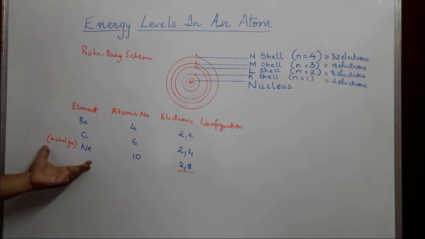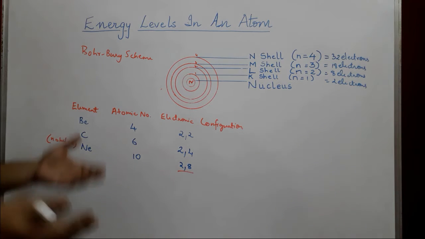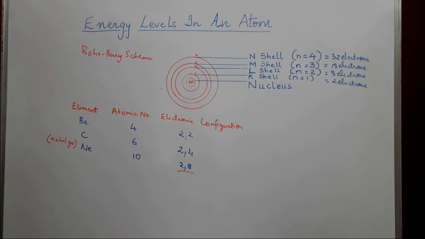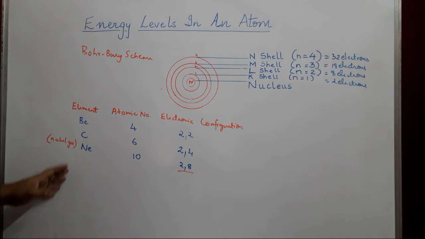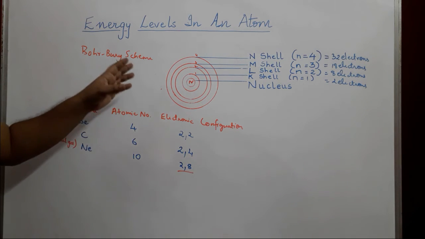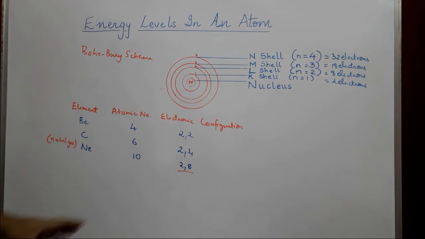We will discuss this concept about losing, gaining or sharing electrons to attain stability in another video. For now we will just focus on how to write electronic configuration and how electrons fill up in various shells or orbitals.